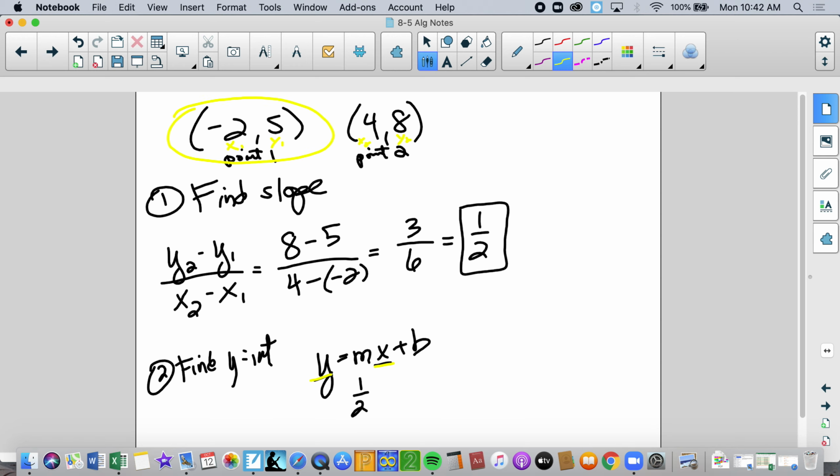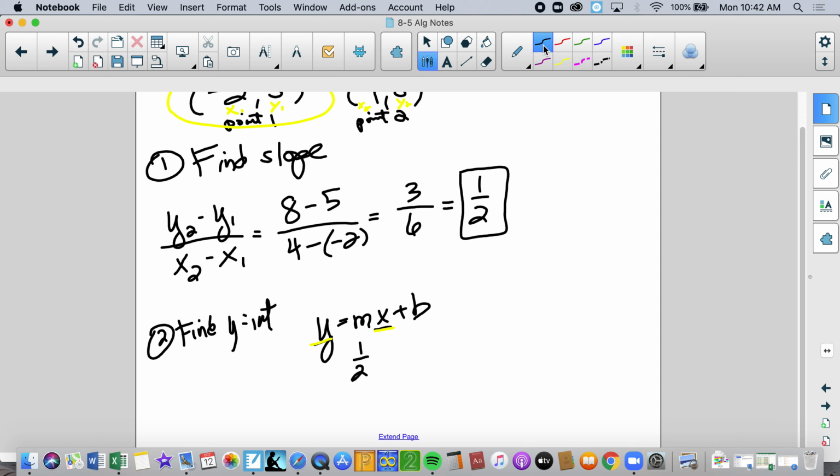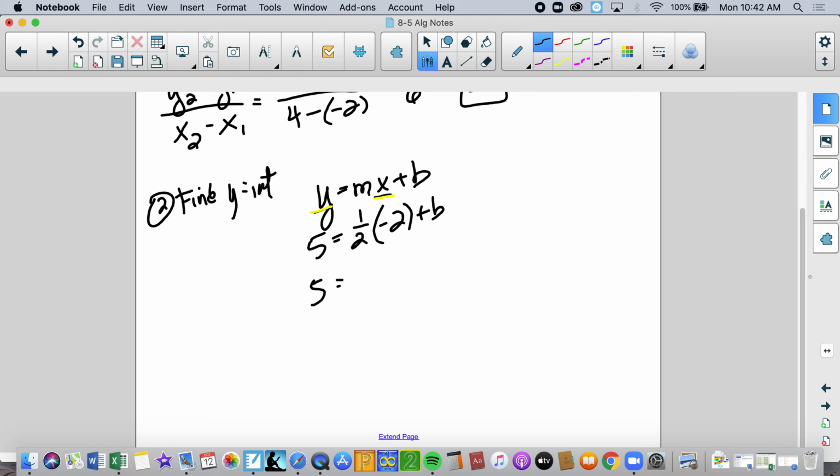So my y value in the first point is going to be 5 equals the slope, 1/2, times the x value, which is negative 2, plus b. 5 equals negative 1 plus b. Let's isolate for b by adding 1 to both sides. 6 equals b. And now I found my y-intercept.